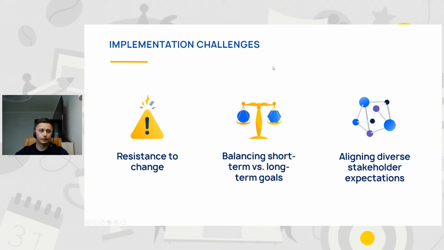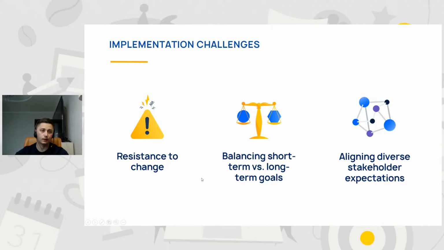Regarding implementation challenges that you may encounter, first of all, it's the resistance to change. When you switch to something new, not everyone will be happy to change the predefined approaches to work. And a lot of, let's say, stakeholders, business executives, may not like to change something within the existing company processes.